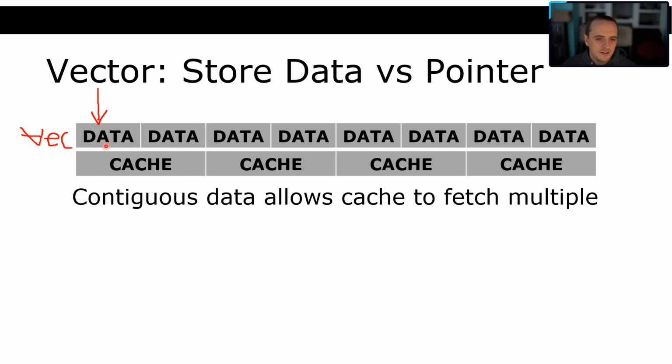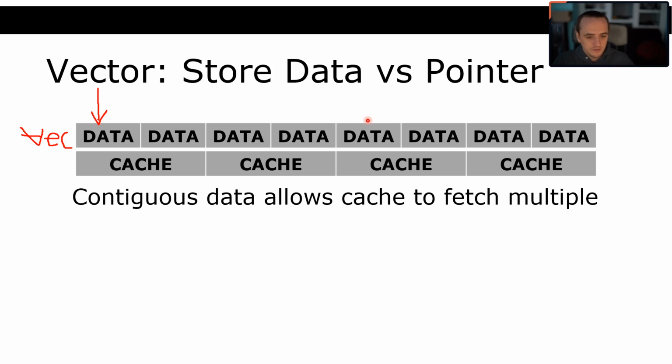So we might get this data and this data in the cache, okay? So then when we go to look up this data, we have a cache hit. When we then go to look up this data, we have a cache miss because this data was not in this cache. But when we look up this data, now this data goes in the cache. So when we look here, we have a cache hit. So in this structure, if we can align our data like this, every second lookup will be a cache hit.